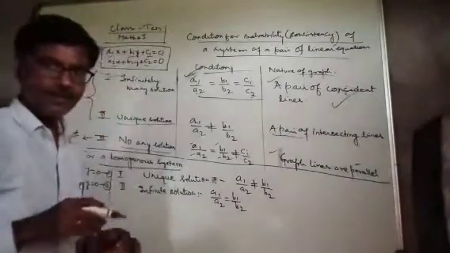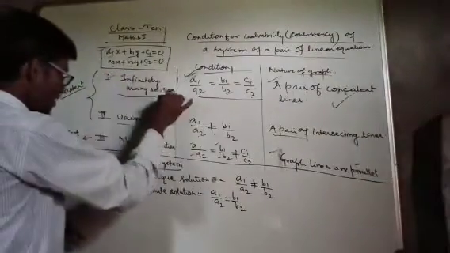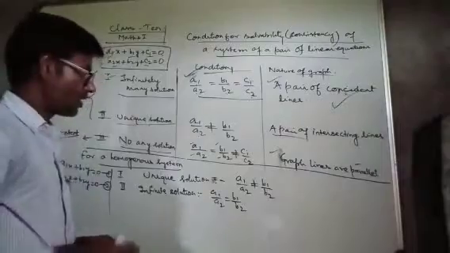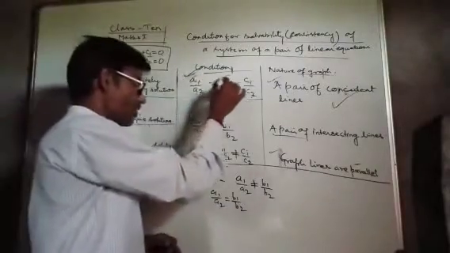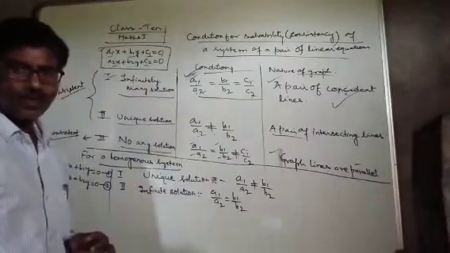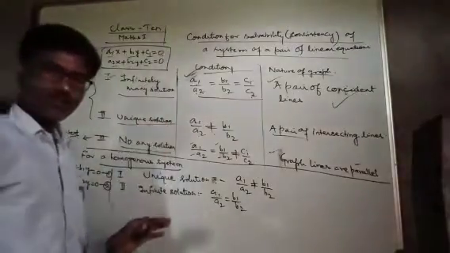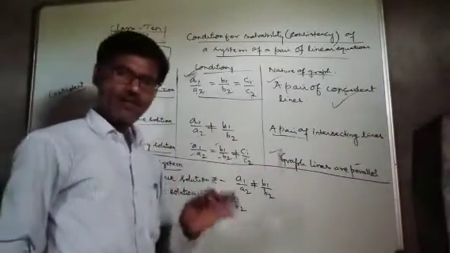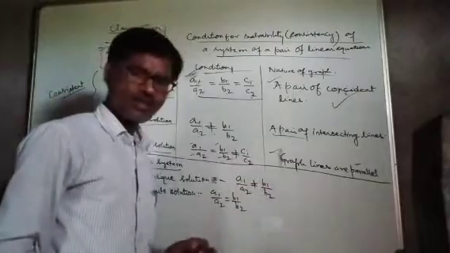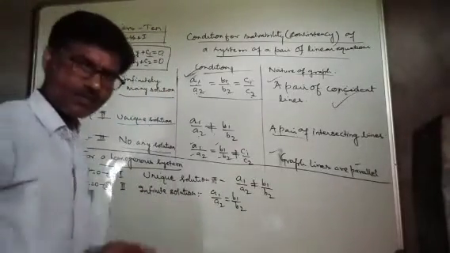Okay? The conditions are: first is for infinitely many solutions. It is a1 upon a2 equal to b1 upon b2 equal to c1 upon c2. Right? This is the condition for infinitely many solutions. And if a pair of linear equations in two variables has infinitely many solutions, then the two graph lines are coincident.